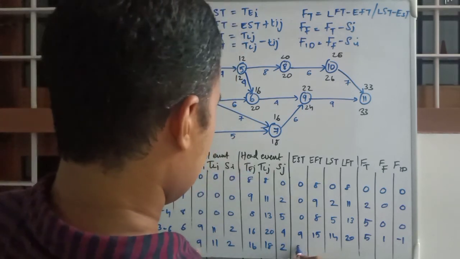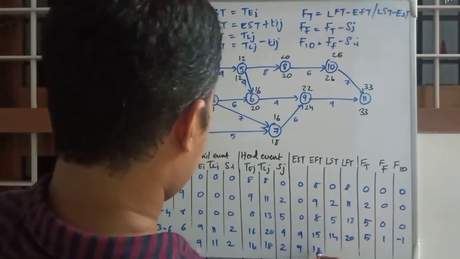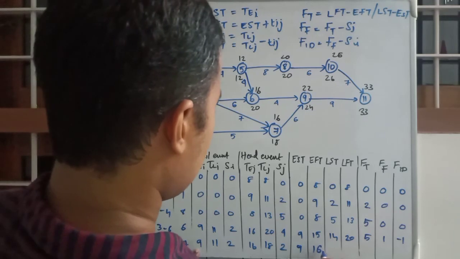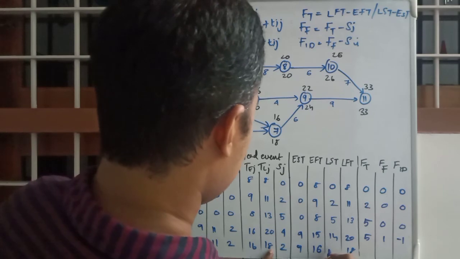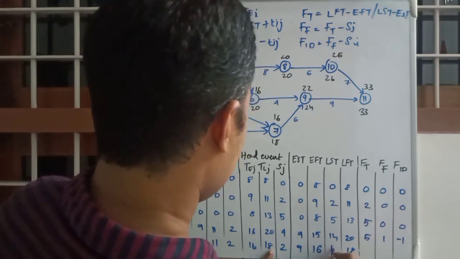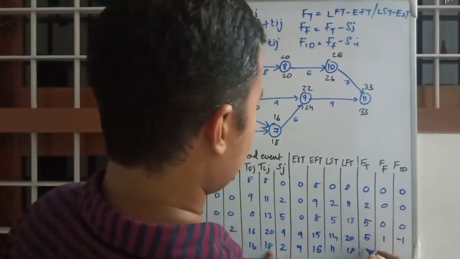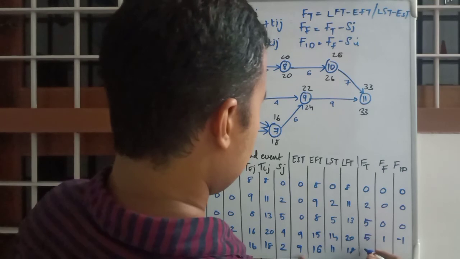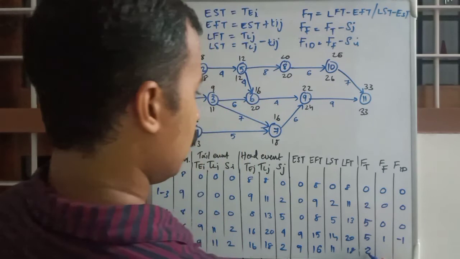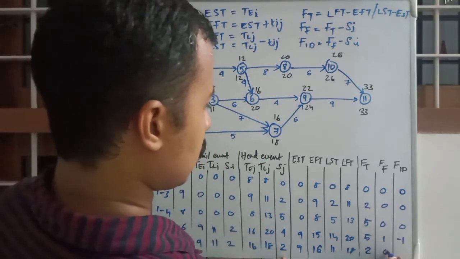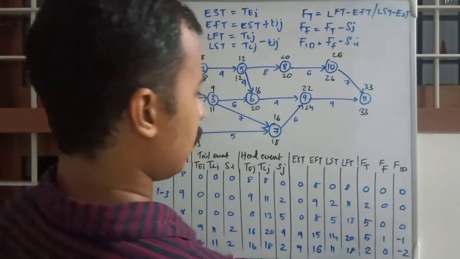EST is 9, EFT is 16, LFT is 18, LST is 11. TF is the difference between these two, that is 2. FF is 2 minus SJ, that is 0. FID is 0 minus 2, that is minus 2.